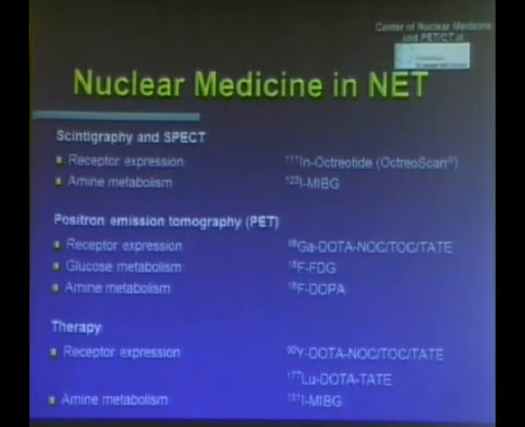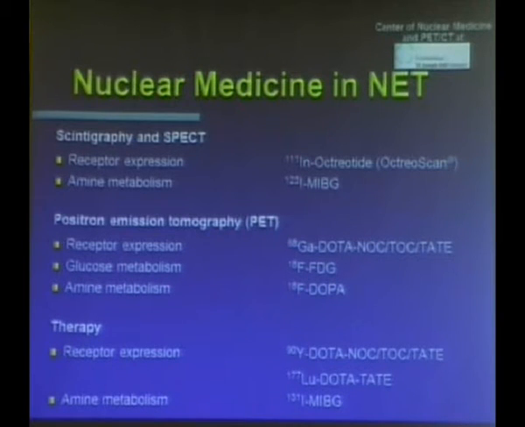And of course, you can also detect the amine metabolism of chromaffin cells of the neuroendocrine tumors, using MIBG scanning. Of course, you have nearly the same detection system if you are using a PET or a PET-CT. We can detect the receptor expression using, for example, gallium DOTA-TOC, DOTA-NOC, DOTA-TATE, and so on. And of course, we can show the amine metabolism also by using FDOPA.